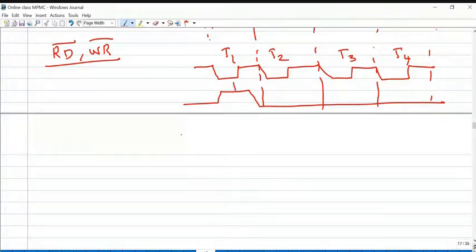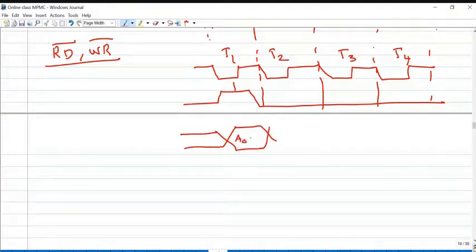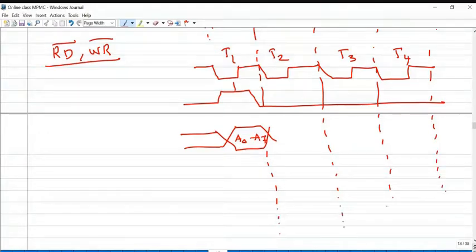At that time AD0 to AD7 act as the address bus, A0 to A7. So during T1 state of each and every machine cycle, whether opcode fetch, memory read or memory write, ALE must be 1 and AD0 to AD7 are used to carry the address information.